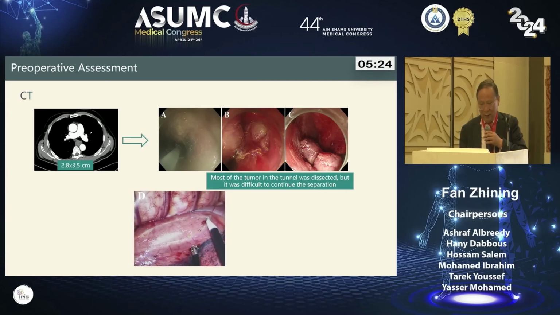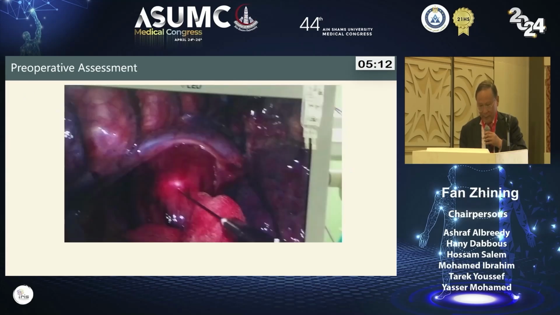This is the thoracic way. Thoracoscope puncture.